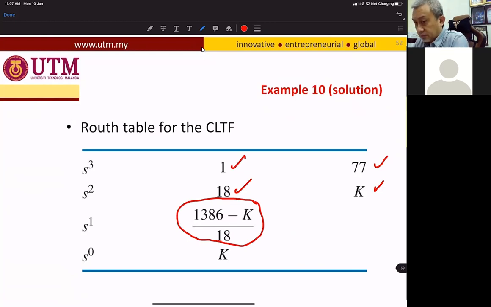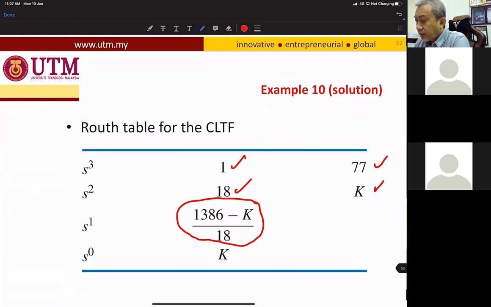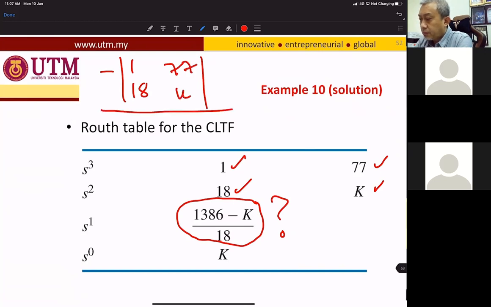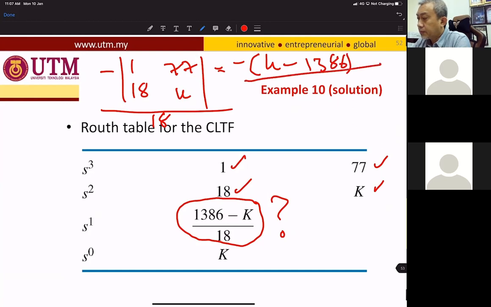Using the determinant of the matrix. 77 times 18 is 1386, minus K, divided by 18.